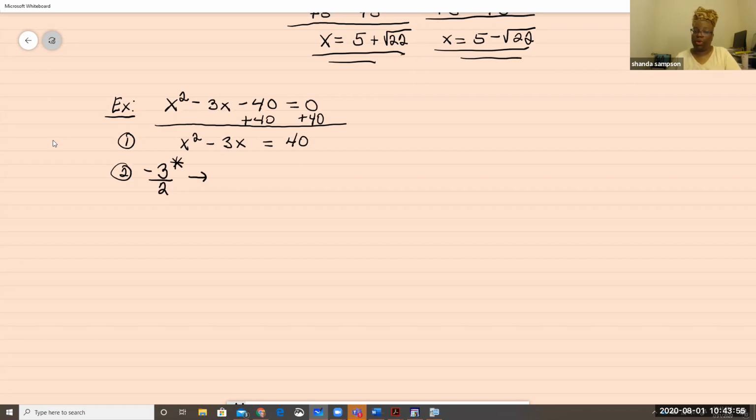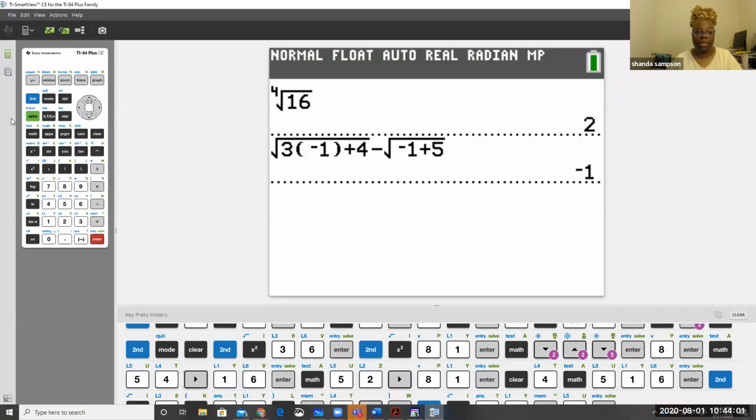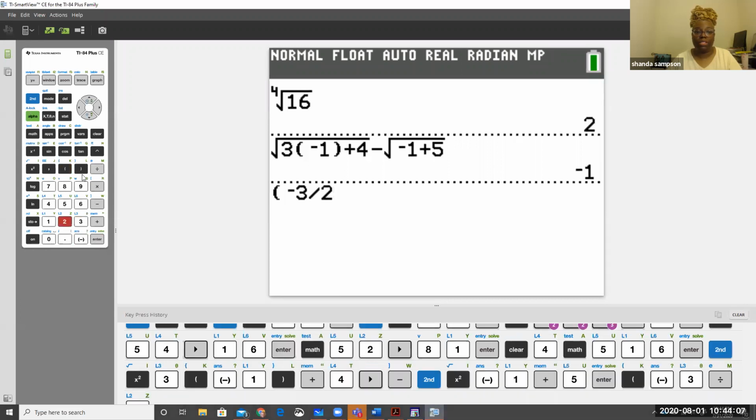Now, you can square it by hand, or you can use your trusted calculator. Okay, so let's take a look at that real quick. So just parenthesis, negative 3 divided by 2, close parenthesis, and the square button. If you don't know how to use the calculator to put this in or to put the square button in, please look on my channel and there are videos for inputting this in the calculator.